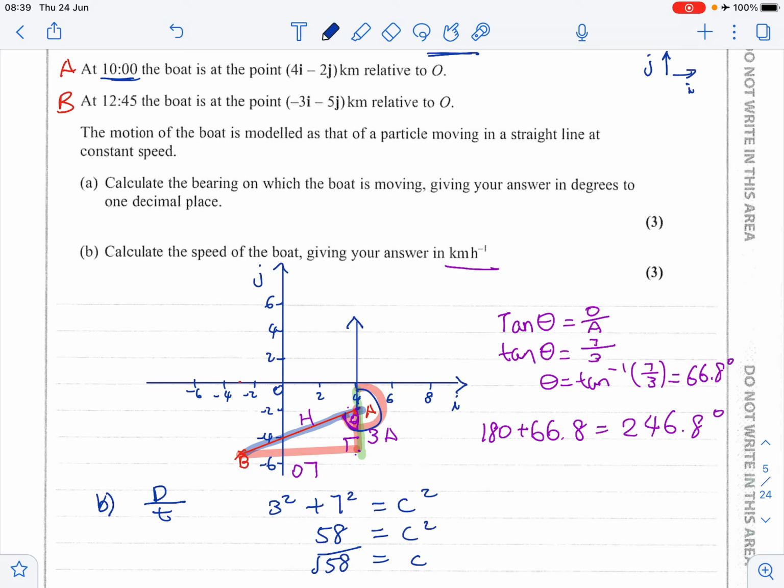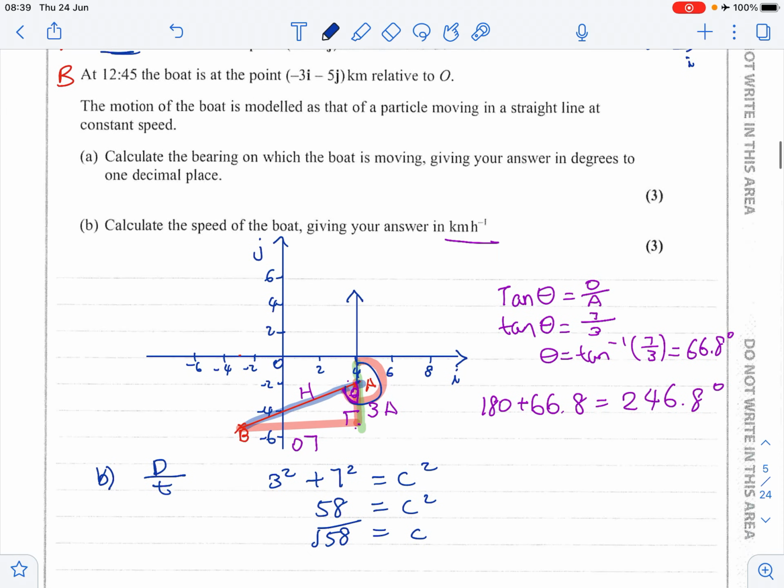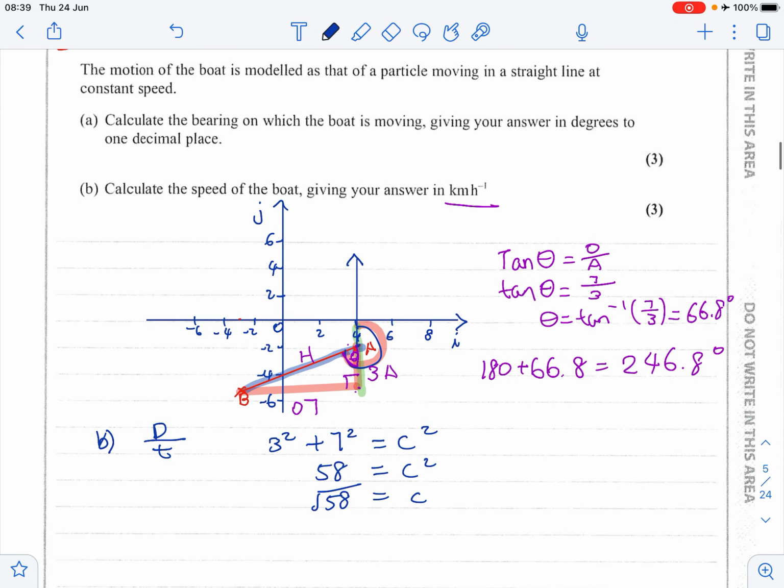Then we need to calculate time. How long did it take from A to B? From 10 o'clock to 12:45. 12:45 minus 10 o'clock is 2 hours 45 minutes.